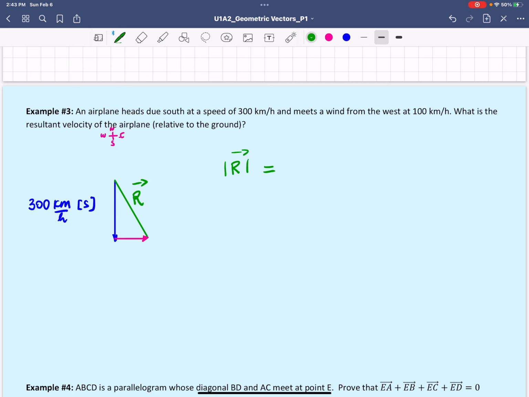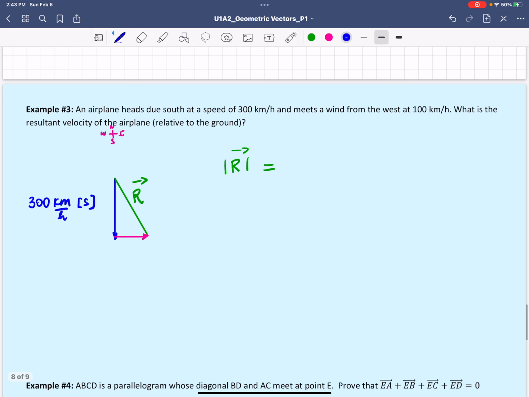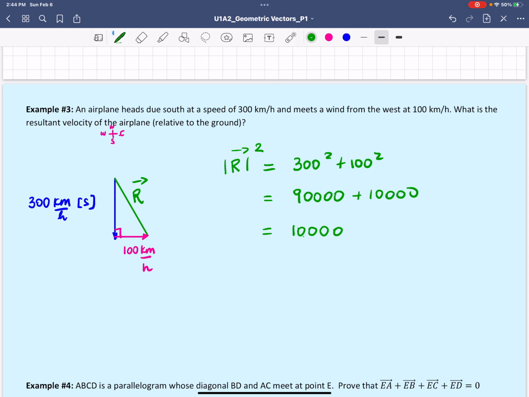And then we're going to say that according to the measurements given here, 300 kilometers an hour, this would be 100 kilometers an hour. We have a right angle triangle here, which makes the resultant velocity to the power of 2 equal to 300 squared plus 100 squared. So that's 9 with 4 zeros, and 1 with 4 zeros, and that will make it 100,000, to be more precise.